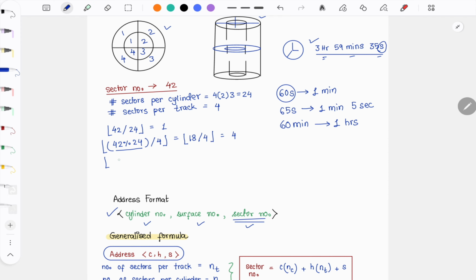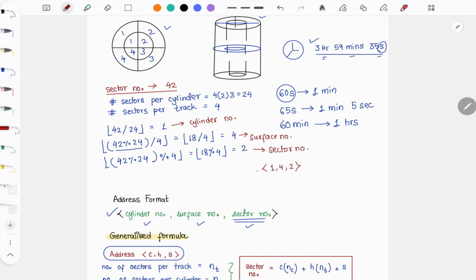Now for the last part, the sector number, we follow the same thing and again use modulus. 18 modulus 4, we get remainder 2. So this is the cylinder number, this is the surface number, and this is the sector number. We'll write it as 1 4 2.